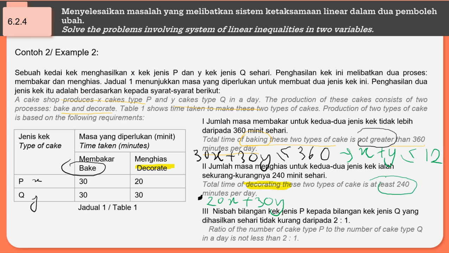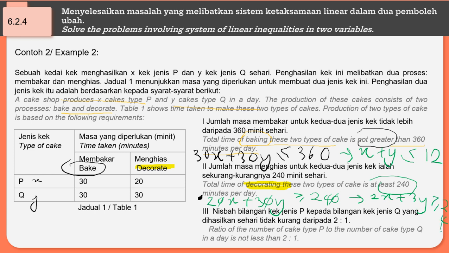At least means 240 and numbers after that, right? So the symbol will be greater than or equal to 240. Then after that, you may simplify. Here you can cancel the 0, so you get 2x plus 3y greater than or equal to 24.